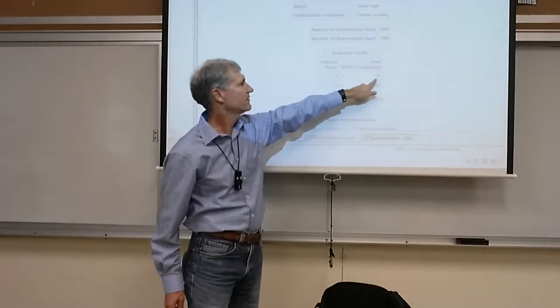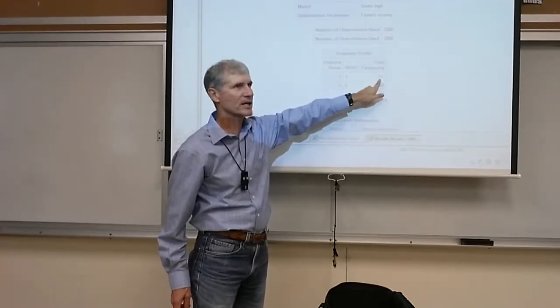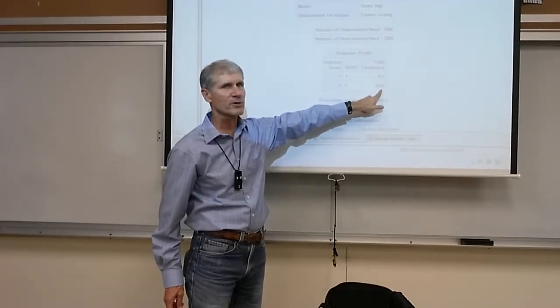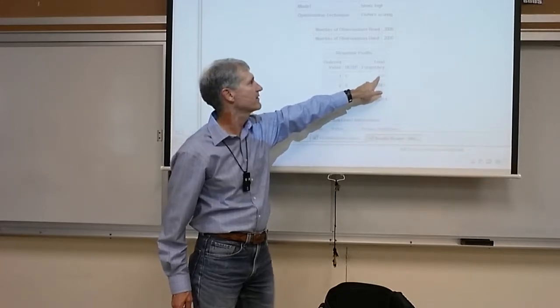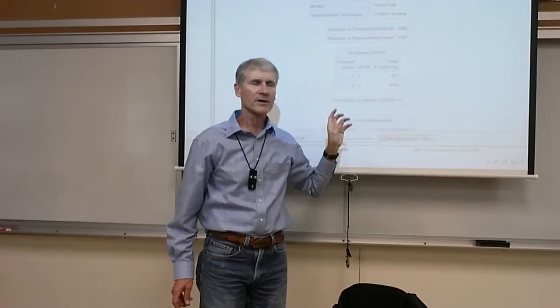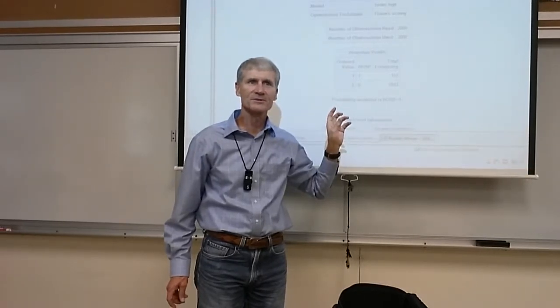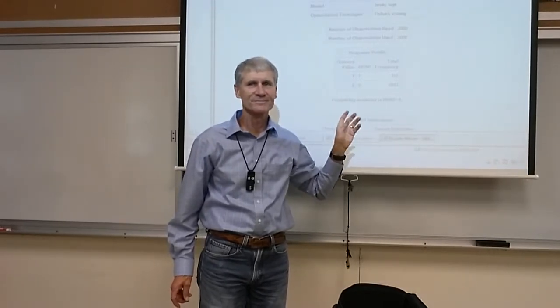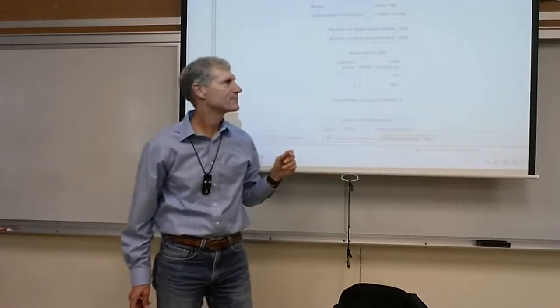We had 157 of them that were hospitalized and 1,843 that were not. If you take 157 divided by 2,000, that should be, I forgot what it was, 7.9% or something? Yeah, it was just about 8%.